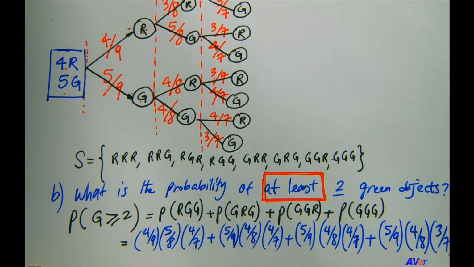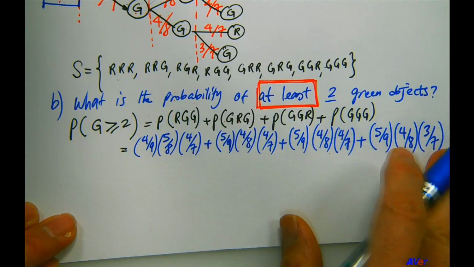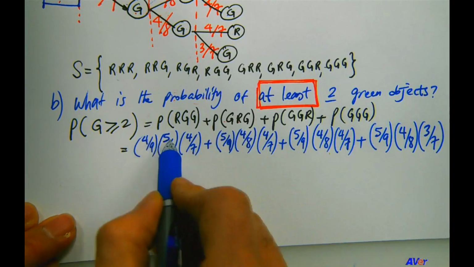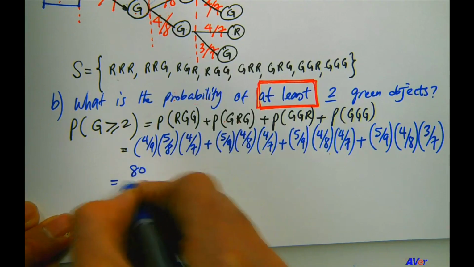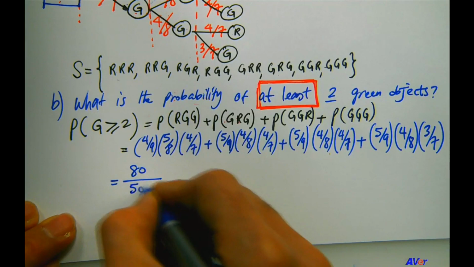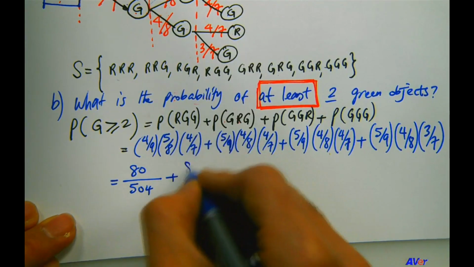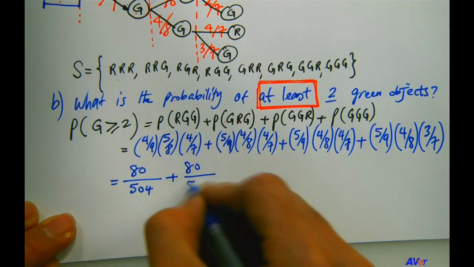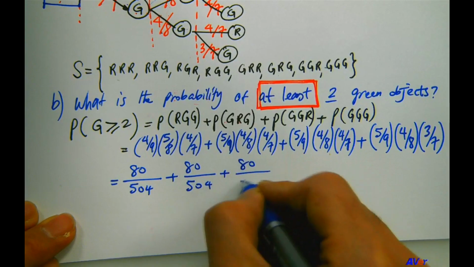Like that. So we need to do the arithmetic on this. So 4 times 5 times 4, that's 80. 9 times 8 times 7, that's 504. Plus, once again, you get 80 over 504 plus, once again, 80 over 504.